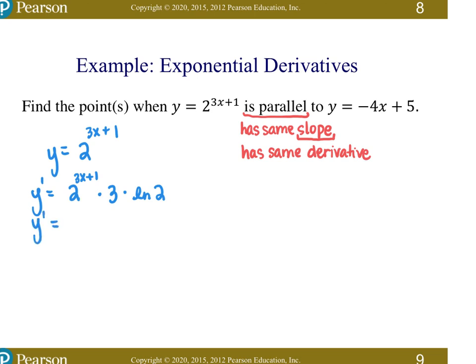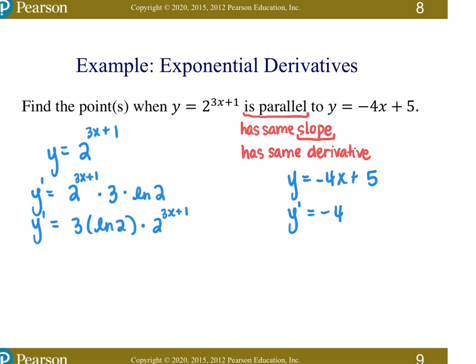And so if we put this in the right order, we'll have 3 parentheses natural log 2, and then 2 to the 3x plus 1. Now the other derivative, y equals negative 4x plus 5, that derivative is just negative 4. That's a pretty easy one.